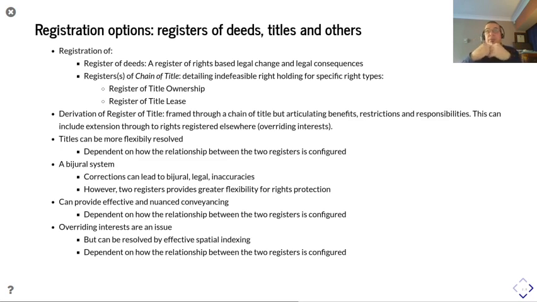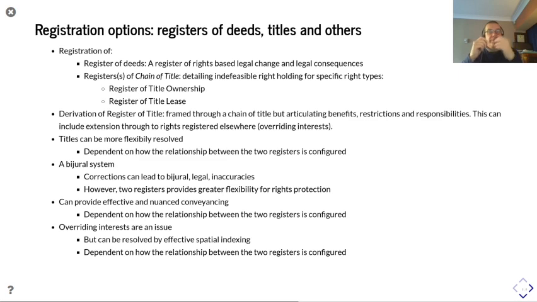Titles can be more flexibly resolved, and that very much depends upon the relationship between how the two registers are configured and the wording in the jurisdiction. It is a bijural system, and so it does lead to risk that you can have bijural legal inaccuracies, but that flexibility between the systems and the registers gives you a greater range of rights protection, as has been demonstrated in Scotland.